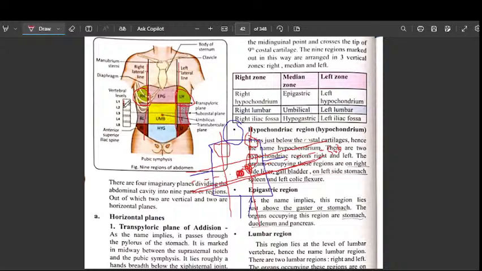The vertical column is present through the structures in parallel to the umbilical line. Similarly, that is right lumbar.